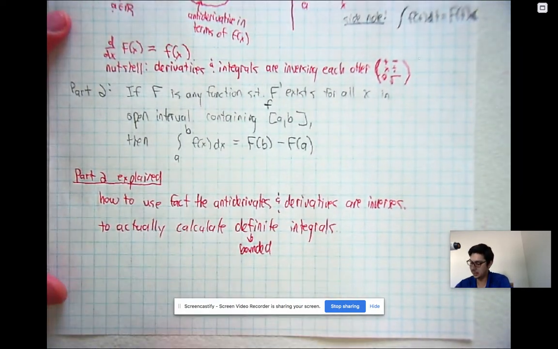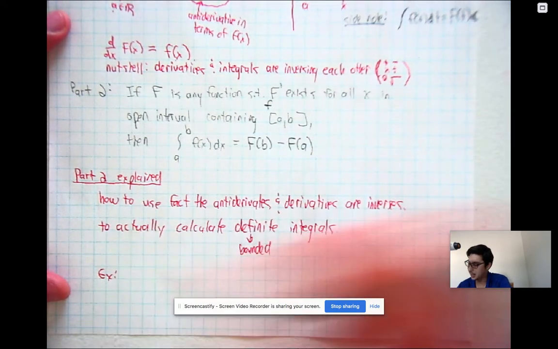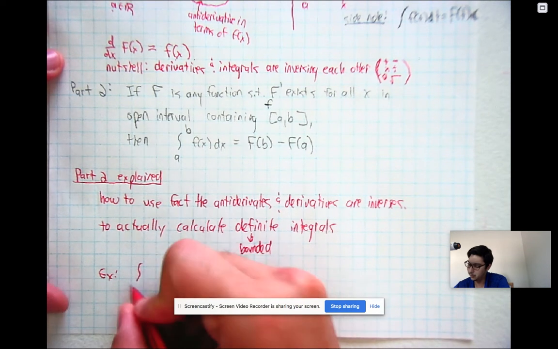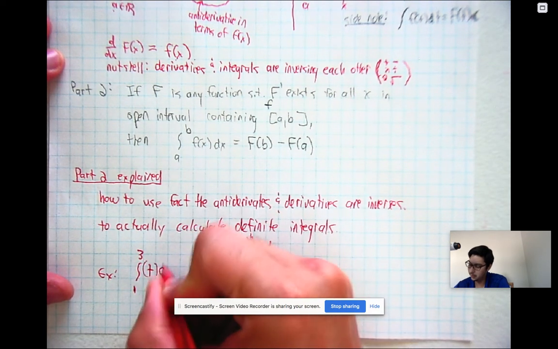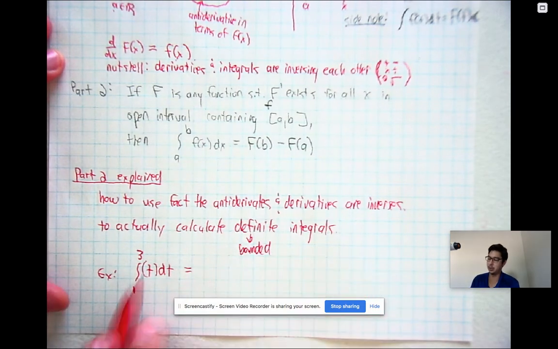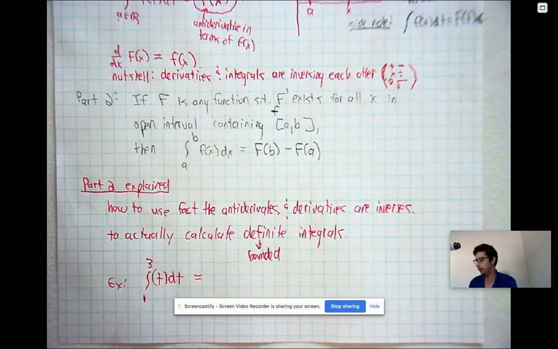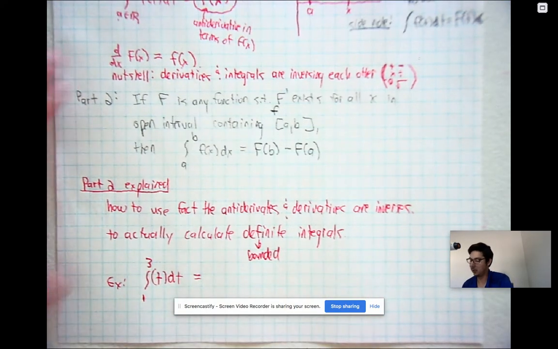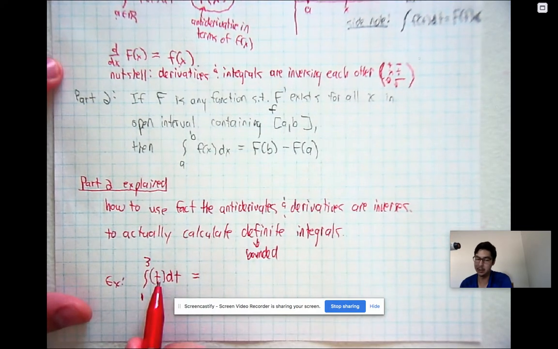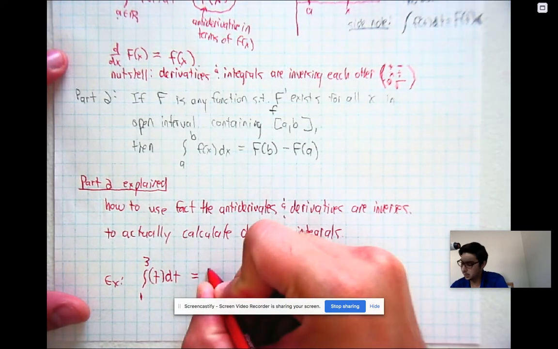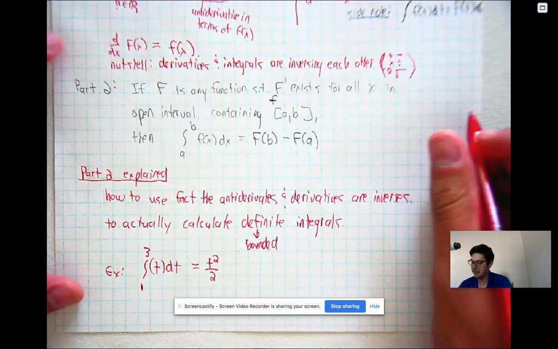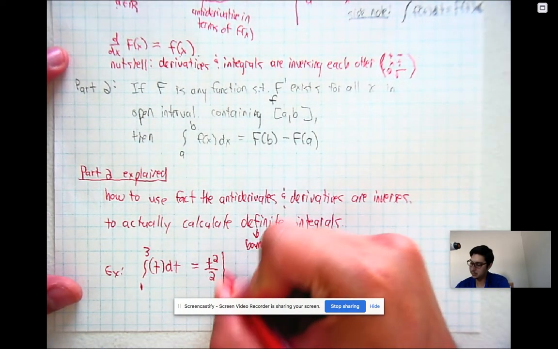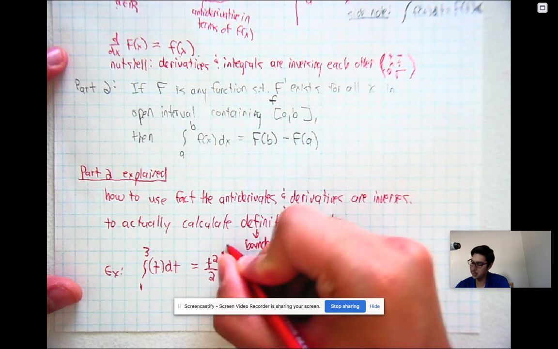So if I give you an example of this, say I said, let's find the integral from 1 to 3 of t dt. So what's the area under the curve of a curve t? Well, what we can do is just take the antiderivative of t, which is t squared over 2, where you add 1 and divide by that. And you just look at it from its lower bound to its upper bound.